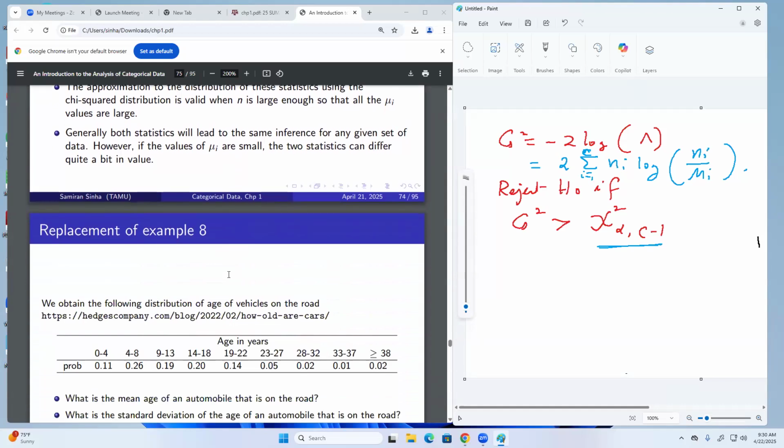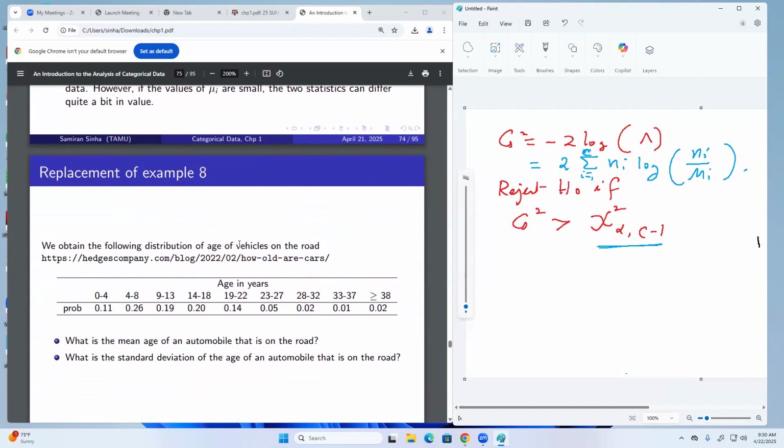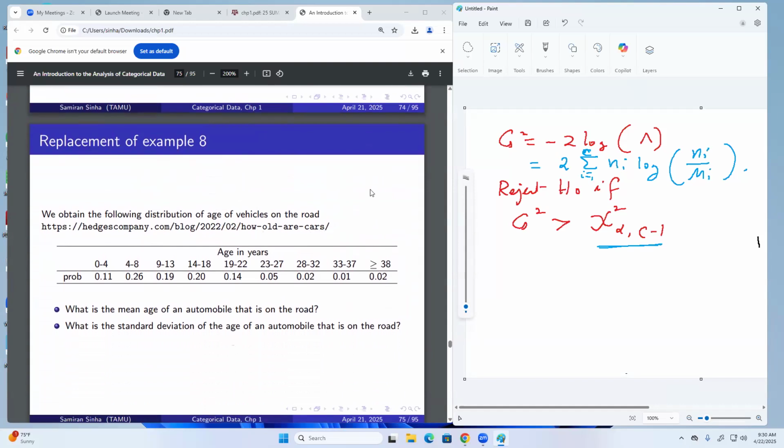Let us do one example to get a clear idea about this. Okay, so we got the following information from this website. This is the age distribution of the vehicles on the road, and these data were collected in 2022.